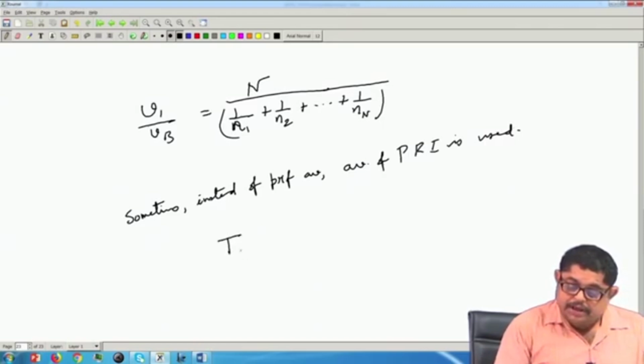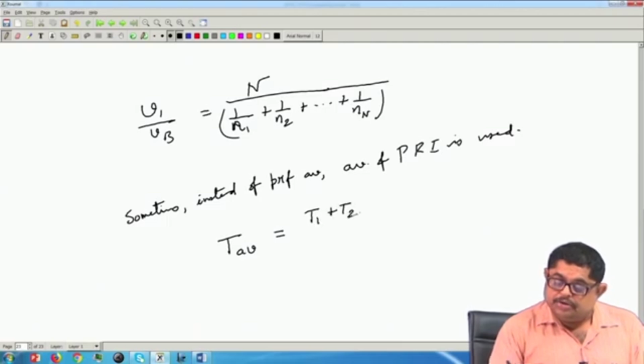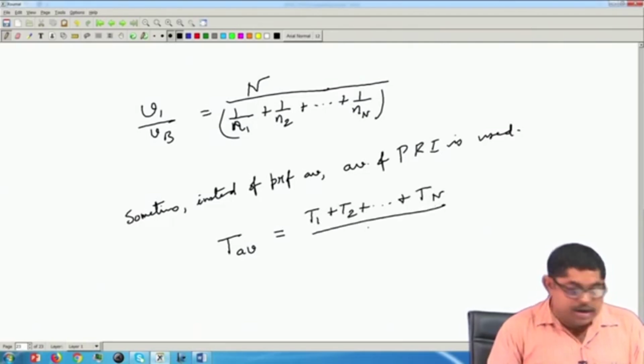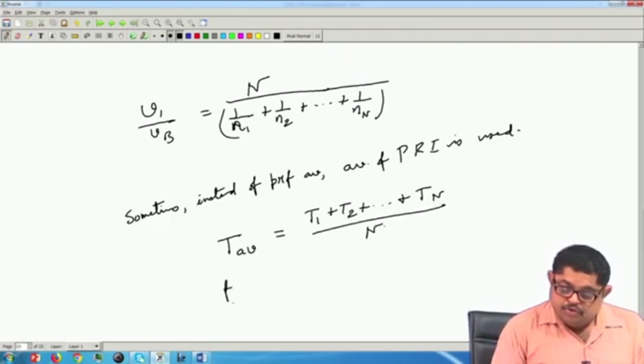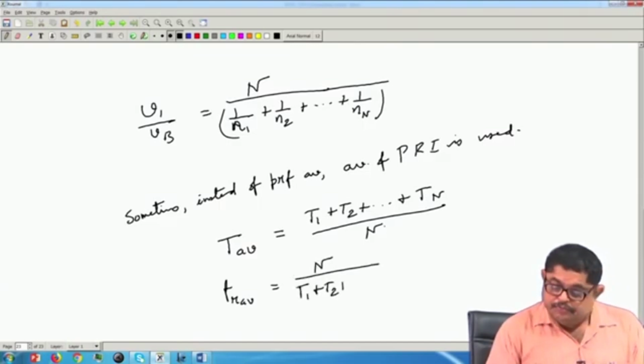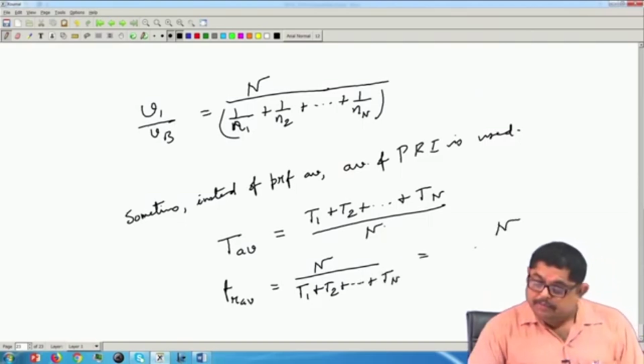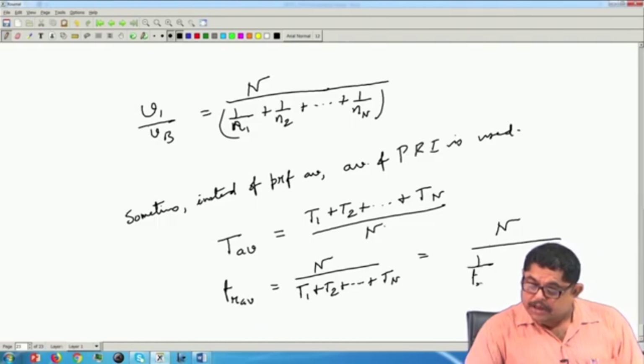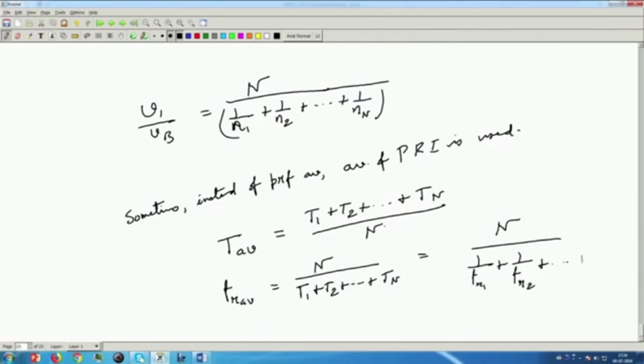In that case, we can write T average will be T 1 plus T 2 plus T n by n. So, F r average in that case is n by T 1 plus T 2 plus T n. So, that is n by 1 by F r 1 plus 1 by F r 2 plus 1 by F r n.